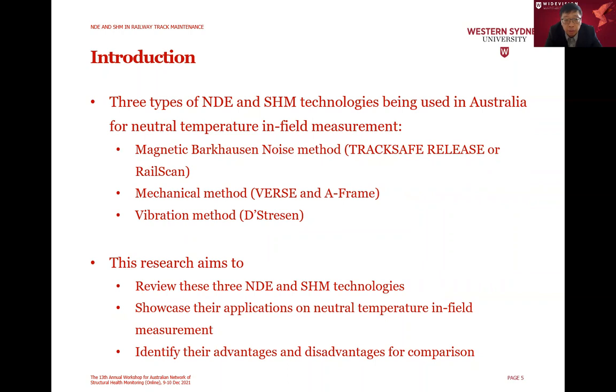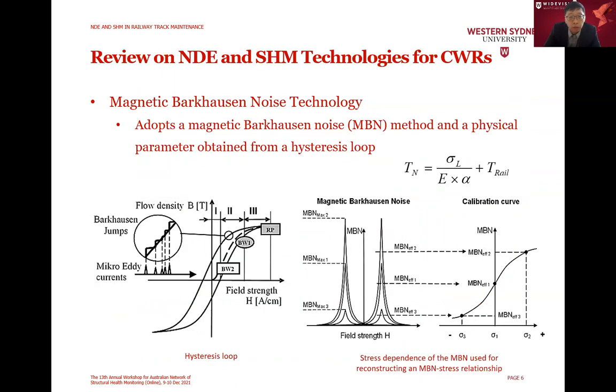We use three methods: the magnetic Barkhausen noise method, the mechanical method, and the vibration method. In this research, I aim to review these three NDE and SHM technologies, showcase their applications on rail neutral temperature measurement, and identify their advantages and disadvantages for comparison.